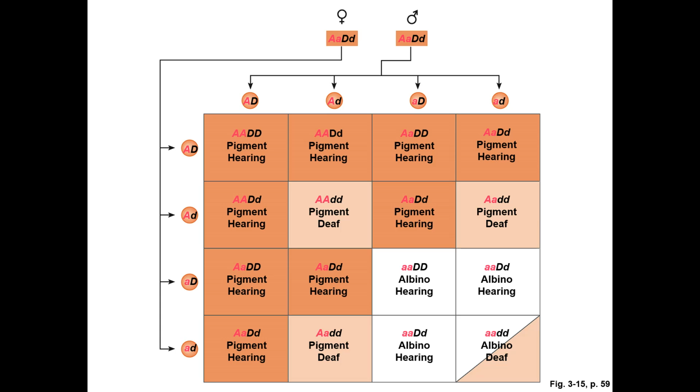So if you want to take a look at these from a dihybrid perspective, you could look at two different genes, or two different alleles, and do a dihybrid cross like here, and you can see how many of them will be normal with normal hearing, how many will have normal pigment but might be deaf, how many of them will be albino but have perfectly normal hearing, and how many will be albino and deaf as well.